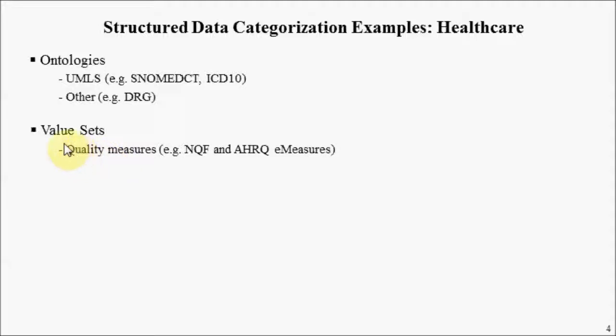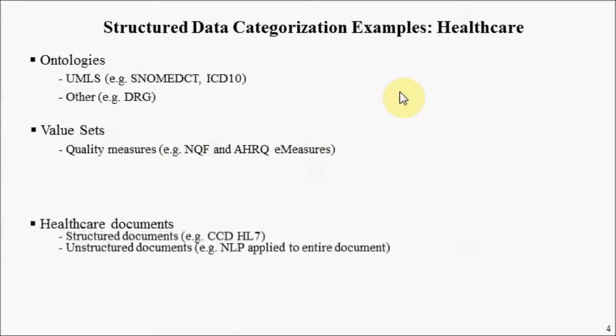We're going to look at a number of categorization examples, particularly in the field of healthcare. So we're going to look at ontologies, healthcare ontologies, something called UMLS, and a few other kinds of healthcare ontologies outside of UMLS. We're going to look at something called value sets, in particular quality measures, something called NQF or AHRQ.